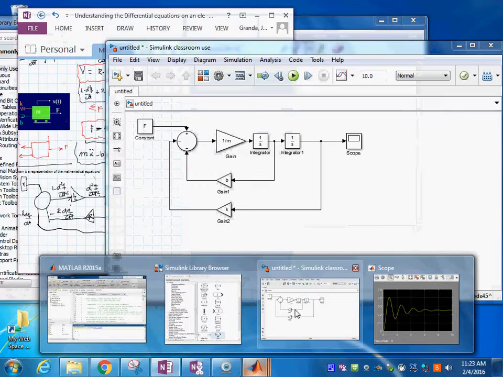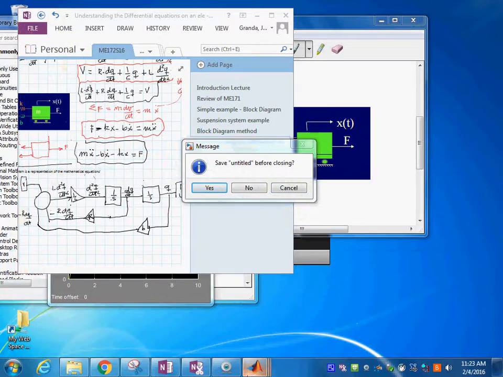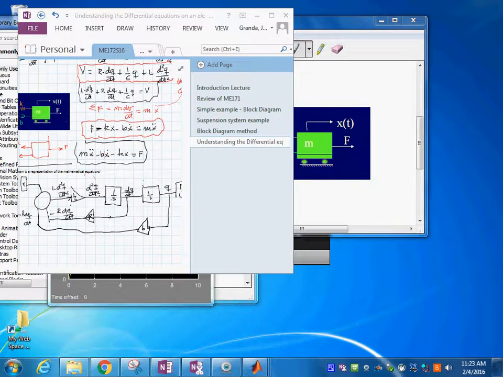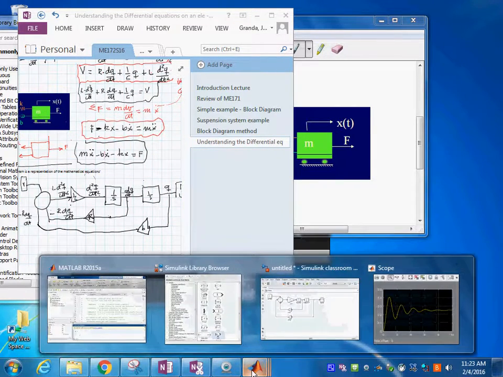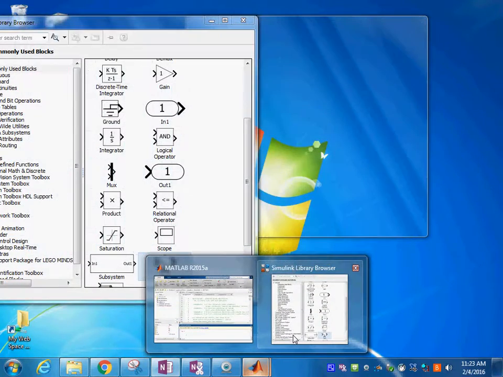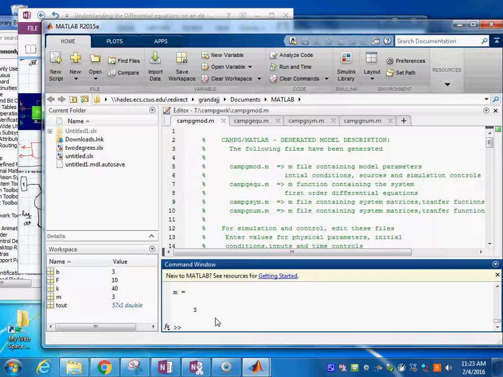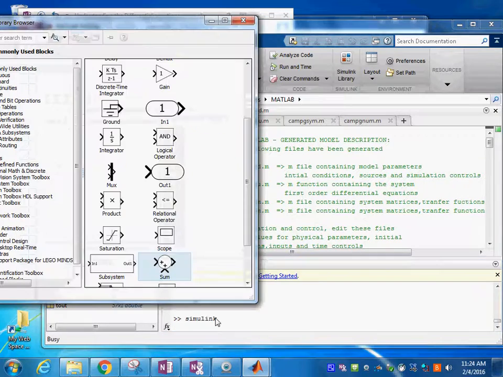If you type Simulink in here at the prompt, you're going to get this.